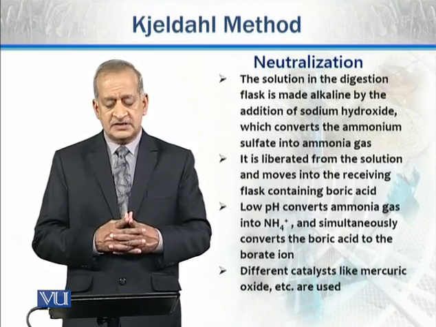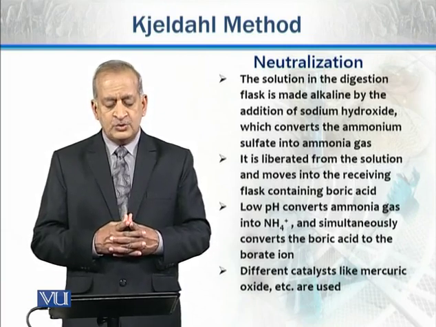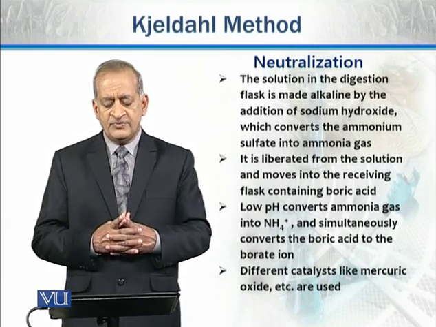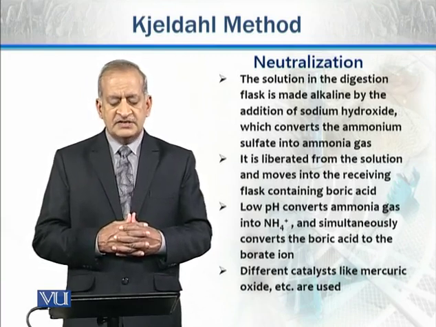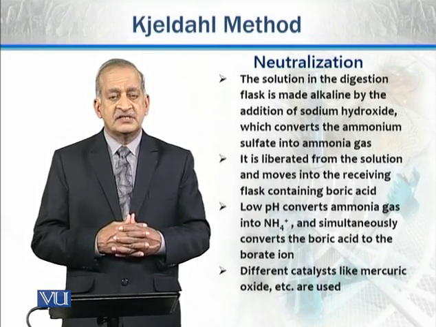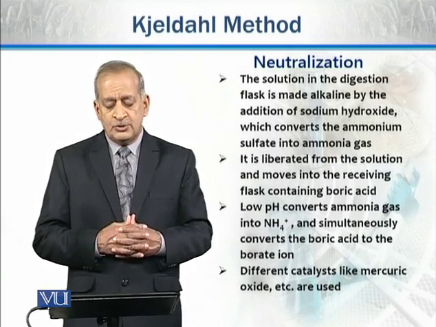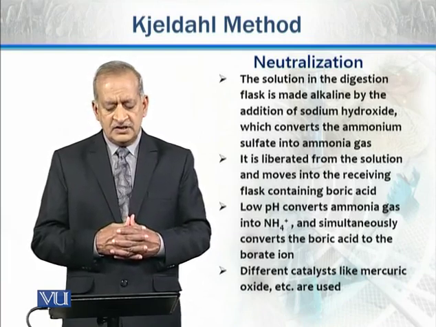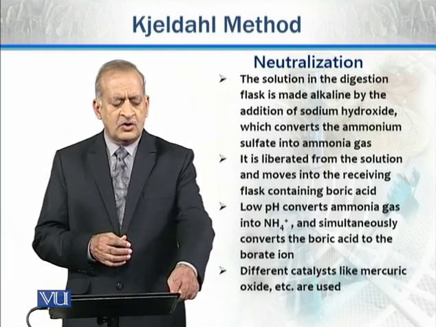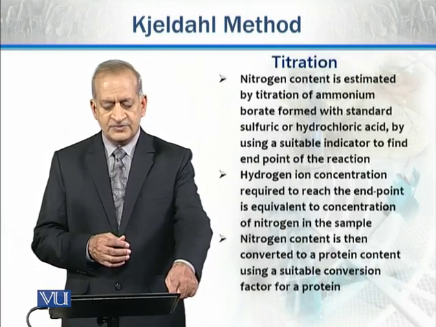Here, this ammonia reacts with boric acid to form ammonium borate. Low pH converts ammonia gas into ammonium ion and simultaneously converts boric acid to the borate ion. Here, different catalysts are used, like mercuric oxide, and sometimes other catalysts are also used.